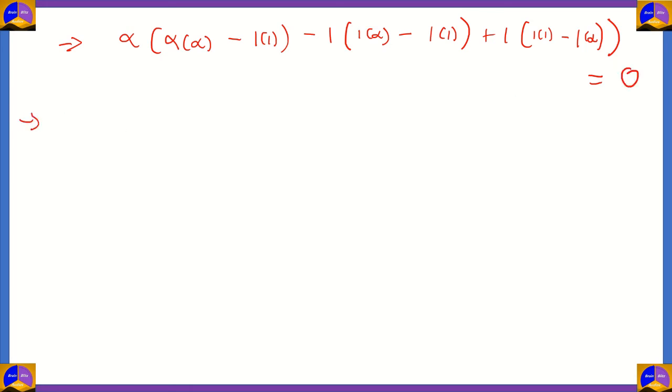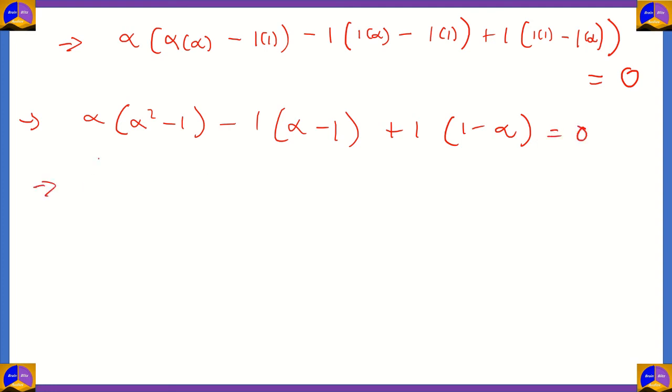So you basically will get a cubic equation here. Alpha times, inside the bracket, alpha square minus 1, minus alpha minus 1, plus 1 times 1 minus alpha, equal to 0. So therefore you get alpha cube minus alpha plus 1 minus alpha equal to 0.